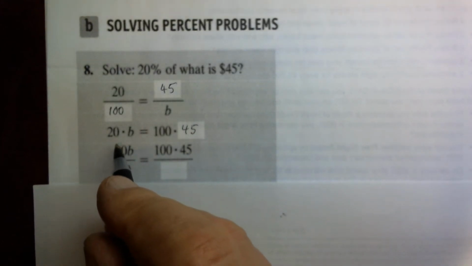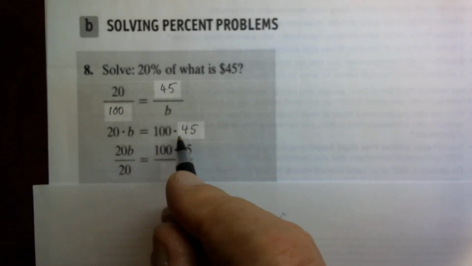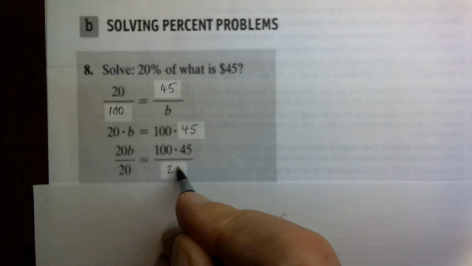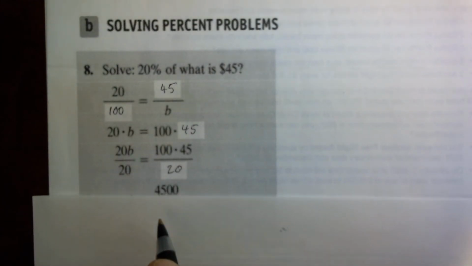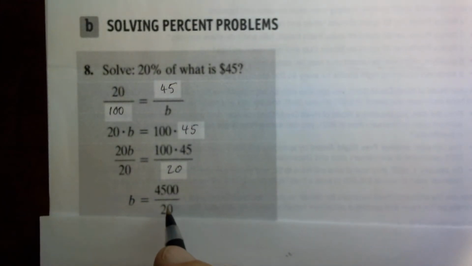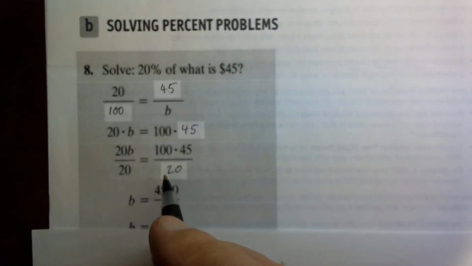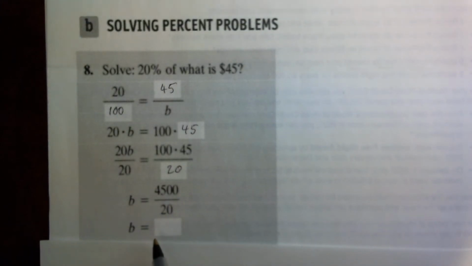And then we divide both sides by 20 to isolate b. So on the right side we have 100 times 45 divided by 20. Now the 20's cancel on the left side, we only have b, and on the right side we have 100 times 45 is 4,500 divided by 20. So then b is equal to $225.